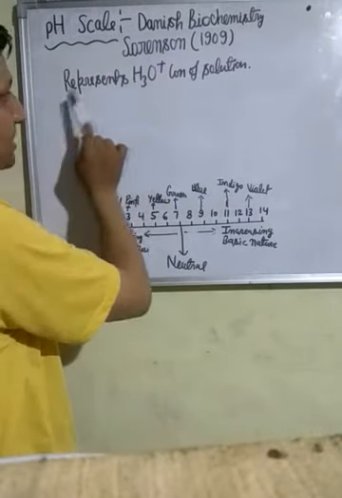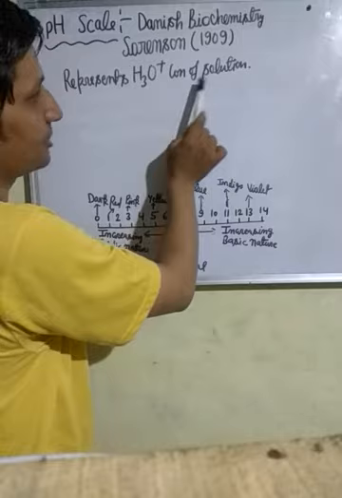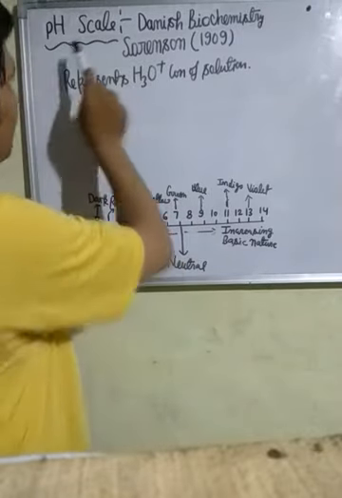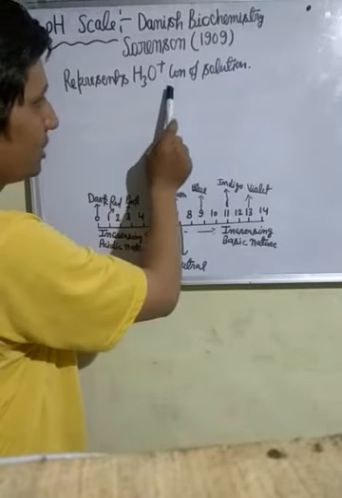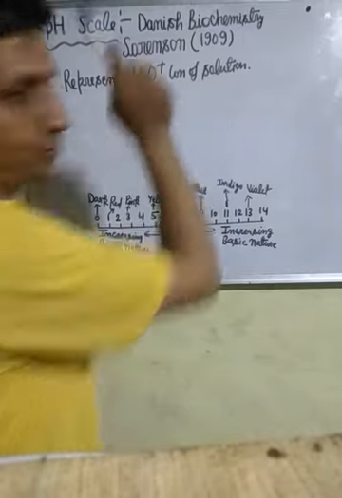This scale represents the hydronium ion concentration of a solution. The pH scale represents the hydronium ion concentration of a solution.